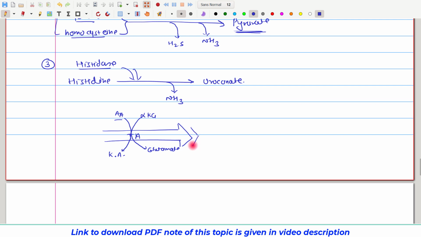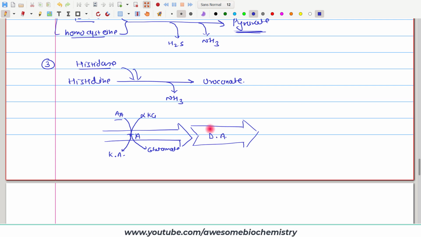After transamination, there is a deamination, right. In the deamination, the major mechanism is oxidative deamination. In that, glutamate gets converted to alpha ketoglutarate, and meanwhile the amino group is released as ammonia. And during this reaction, NAD plus gets reduced to NADH.